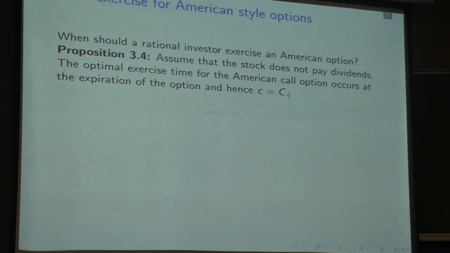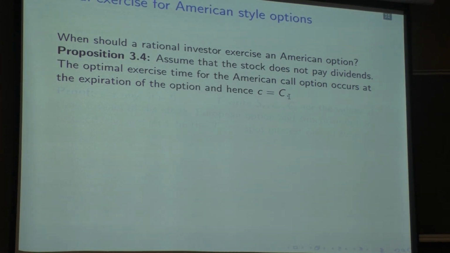It's never a good idea to exercise your option before expiration. If that's the case, then if you have an American call option, you're going to wait until expiration, in which case whatever payoff you get is going to be the same payoff you get from a European call option, and that is then going to force the prices of the American and European call options to be the same. So do you understand what I'm trying to do here? All right.